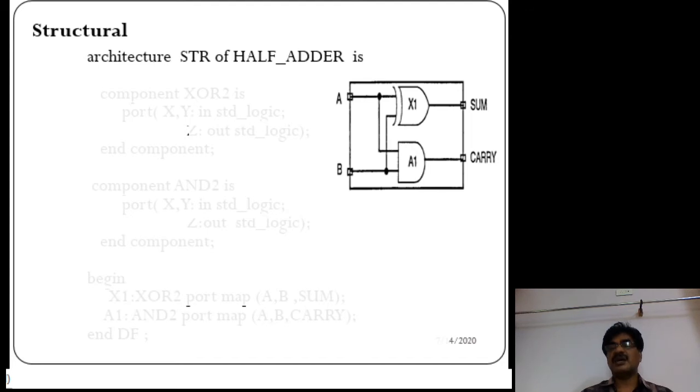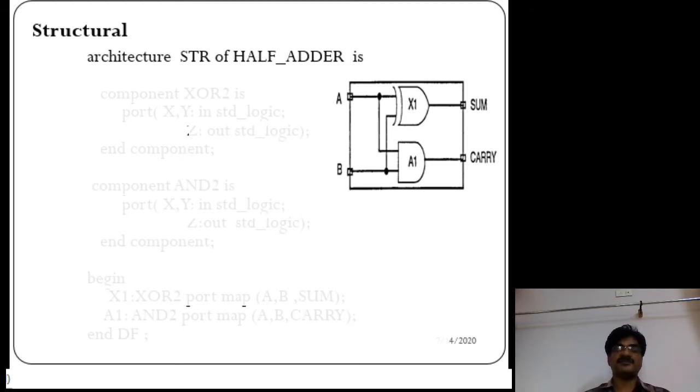Coming to this half adder, two different types of components are there. One is the XOR gate, named X1, and another one is the AND gate, named A1.